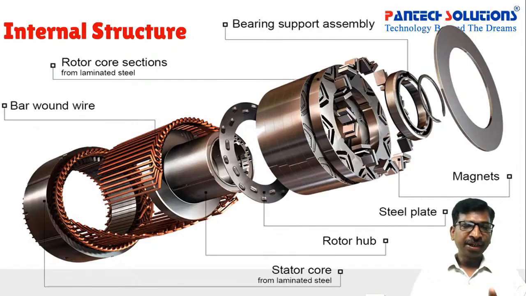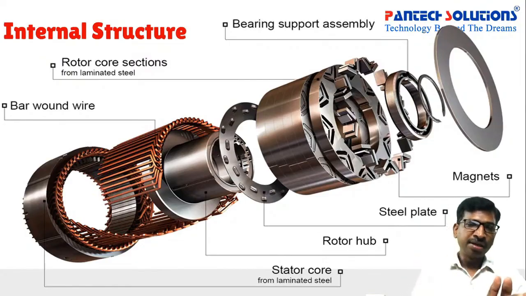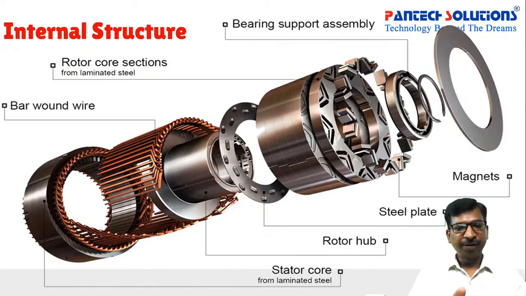Here we can classify into two types: one is called distributed winding, another one is concentrated winding. If the current is in a higher range, for example if the stator current itself is about 100 ampere, then we can keep it as a concentrated winding. If it is a lower current rated winding, then we can keep it as a distributed winding.